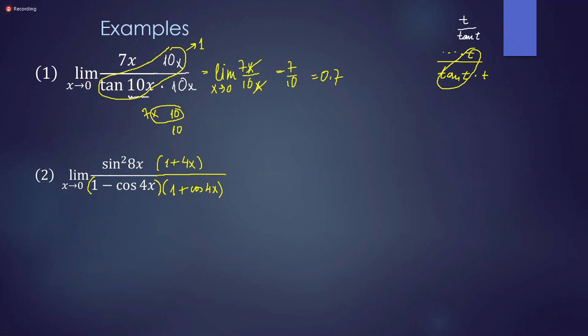It's fairly simple to open the parentheses, apply the formula, and have 1 minus cosine square of 4x, a minus b times a plus b, and the other part remains as it is. This was cosine, sorry. 1 plus cosine 4x, and then we see we can go on: limit x tends to 0, sine square 8x.